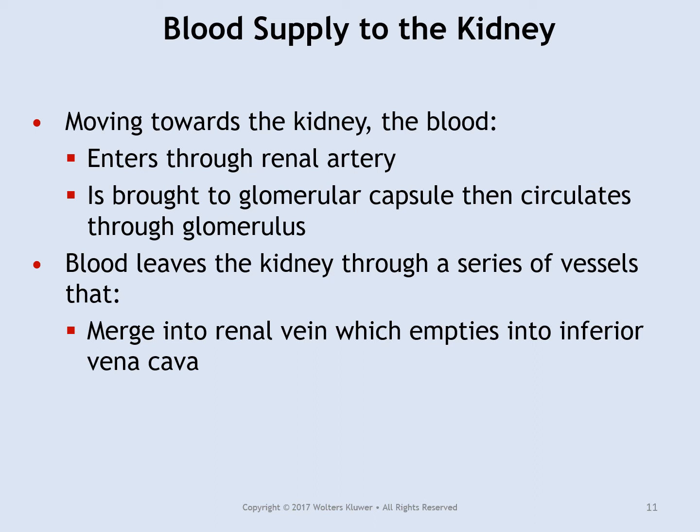So the blood supply to the kidney enters through the renal artery off the aorta. It circulates in conjunction in the Bowman's capsule and the glomerulus, and leaves the kidneys that merge into the renal vein and ends up into the inferior vena cava that you just got done studying in the circulatory system.